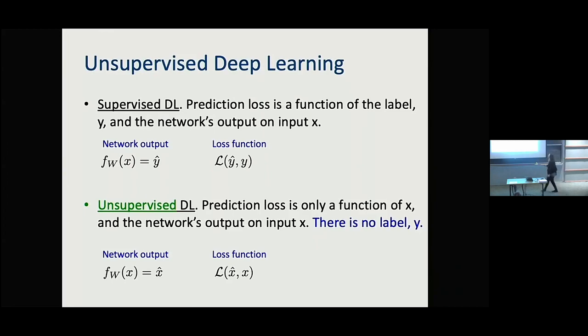Okay, then you learn the network, fit the parameters from data by minimizing some loss function. So when the data is labeled, that's a supervised setting. So that means that given an input x, we had a desired ground truth label y, or a desired output.